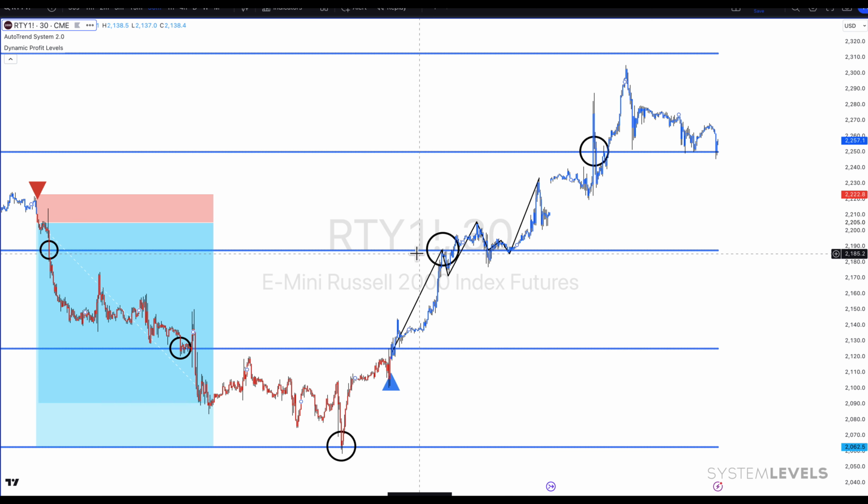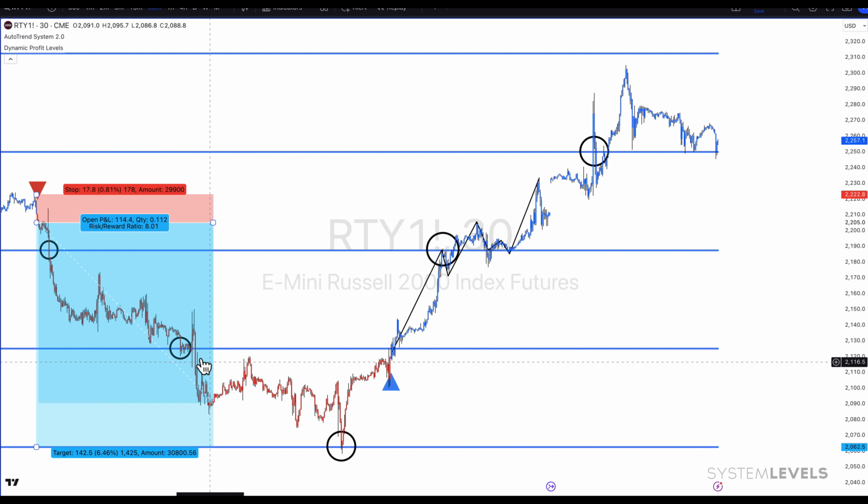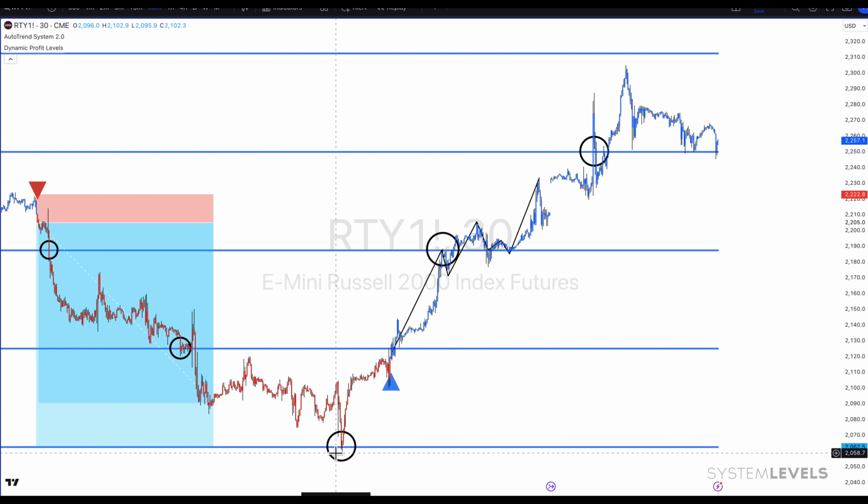So for example, here, when I was long, I knew that any of these dynamic profit levels could potentially act as strong support. So whenever we hit them, I like to get paid there, in the event that the dynamic profit levels change the direction of the trade, which they did right here, right? So that's why I use them as my take profit levels.